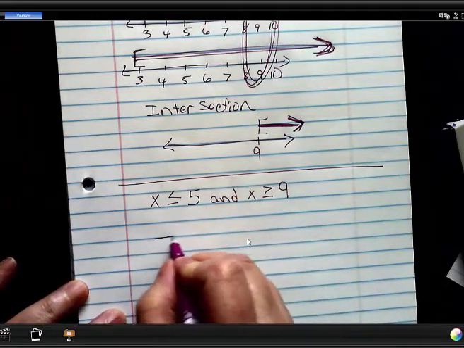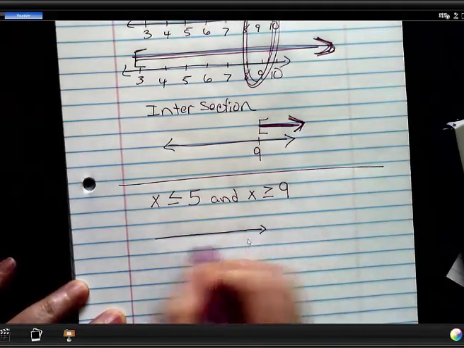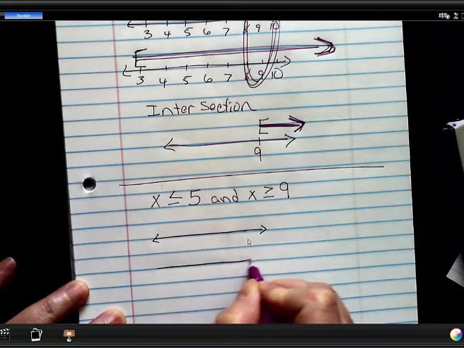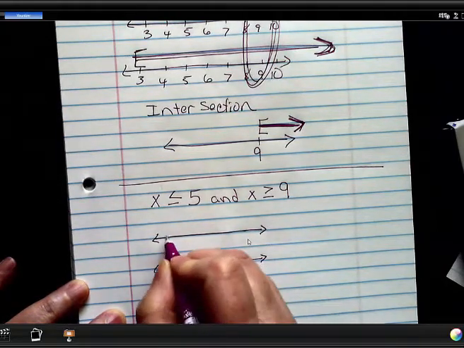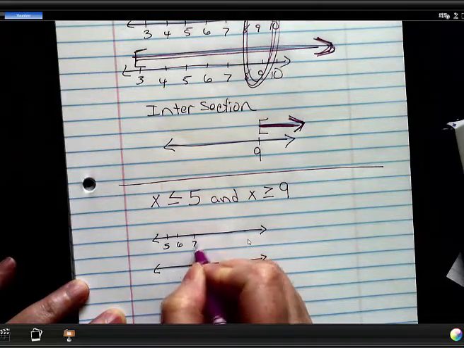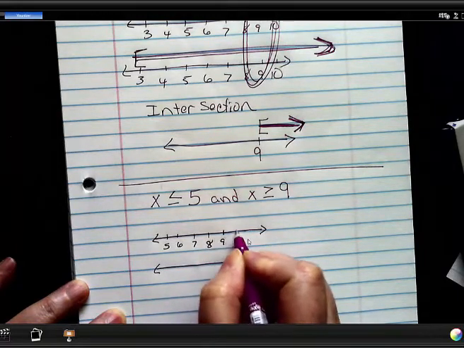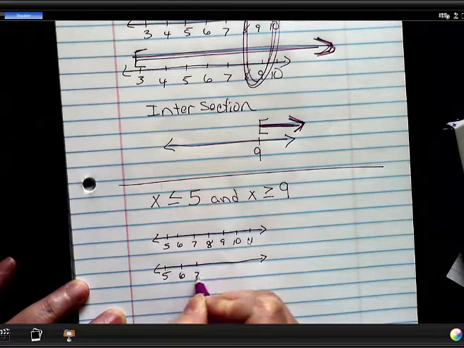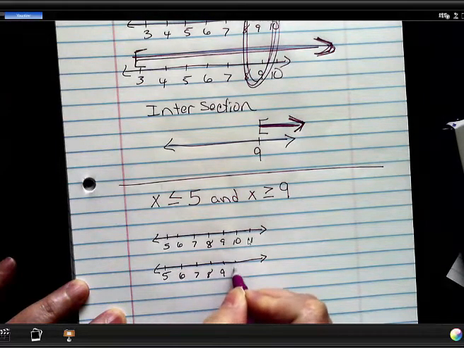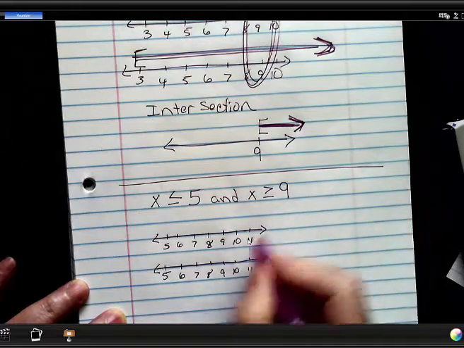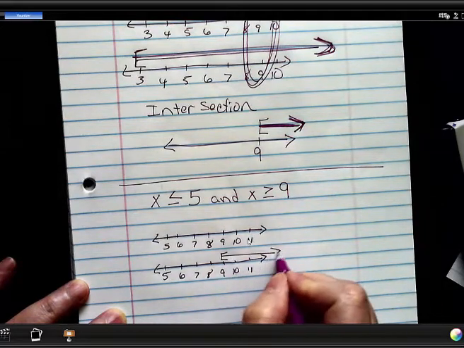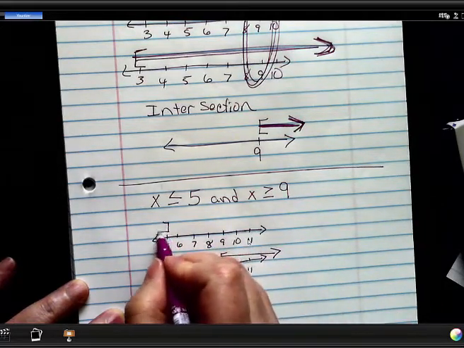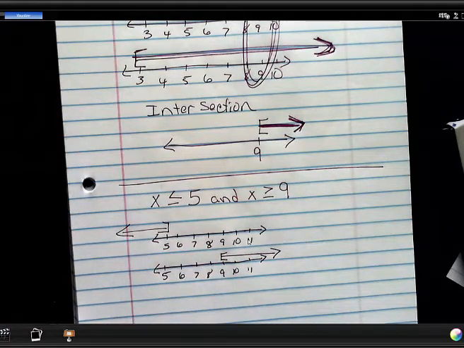If I drew these on a number line, this would be a bracket going this way, and this would be a bracket going this way.